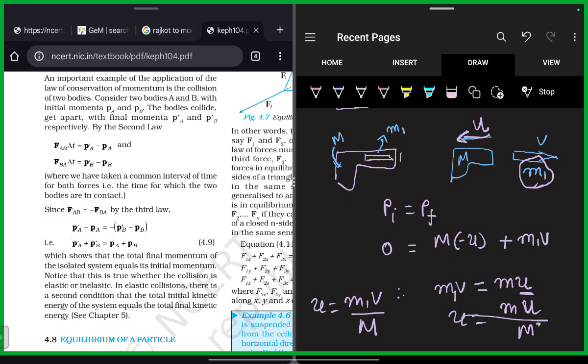Alright, so this is the best example of Newton's third law.